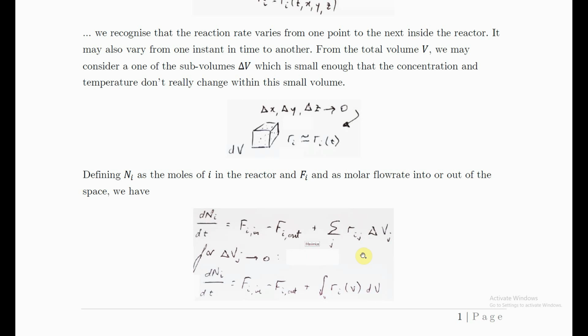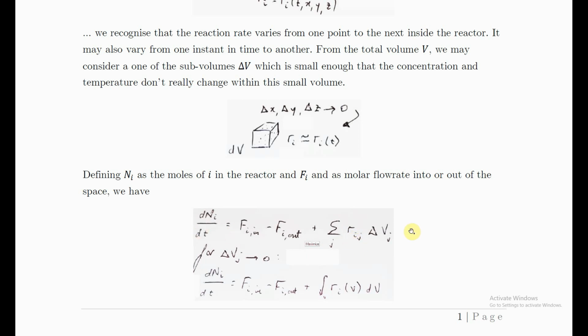So that's the convention we adopt, that Ri is a rate of formation. If it is a formation rate, then the number is positive, and if it's a consumption rate, then the number will be negative. And so we don't have to worry about that anymore. We can write a nice general equation here without worrying about the sign, whether I is actually a reactant. We take account of that through the value here, whether it's positive or negative.